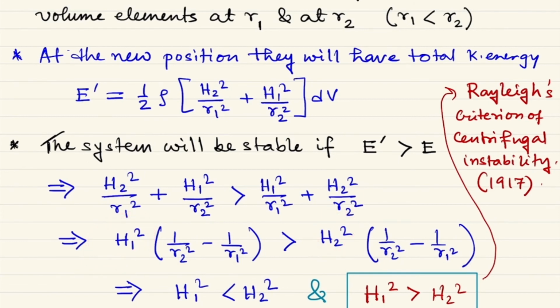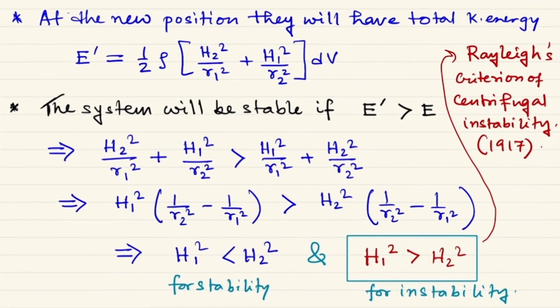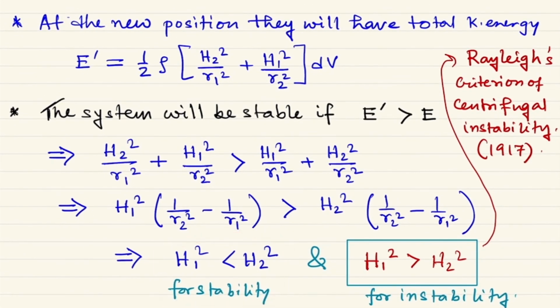When you cancel the negative factor from both sides, the inequality is inverted, and this leads to the condition that h1 squared should be less than h2 squared, and that is the condition for stability. Whereas the opposite condition, h1 squared greater than h2 squared, is the case for instability.